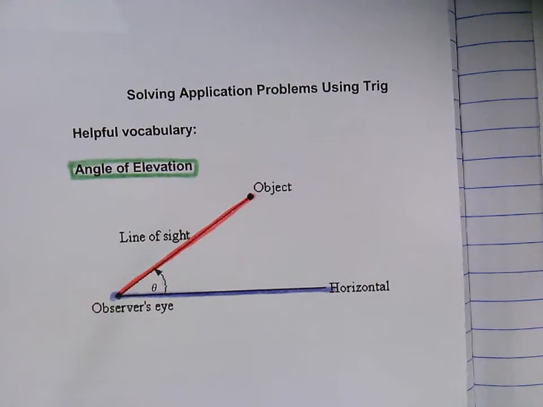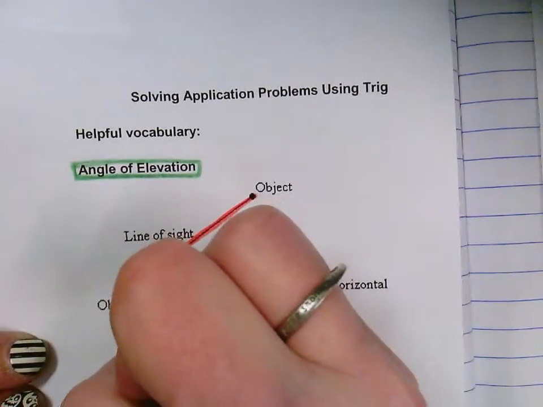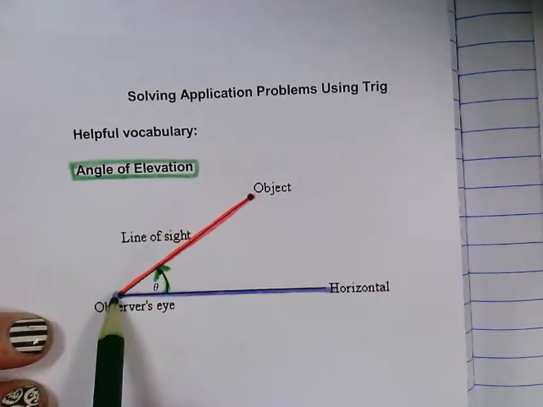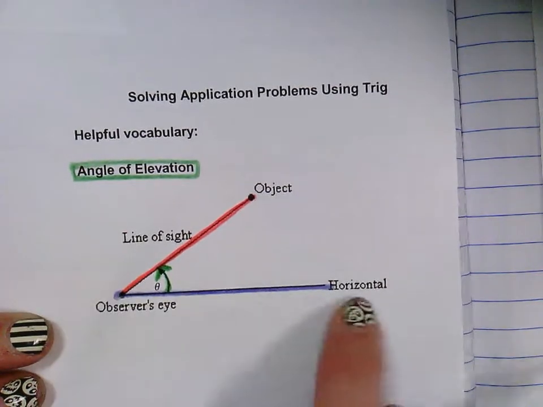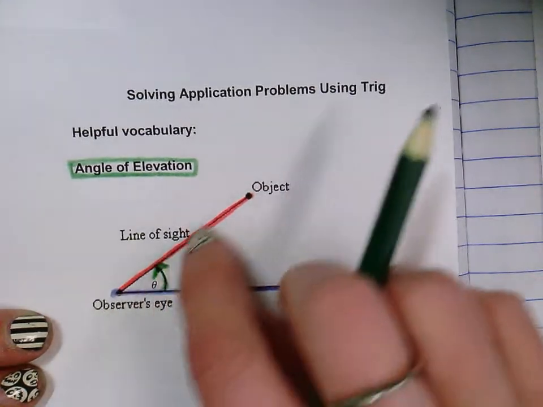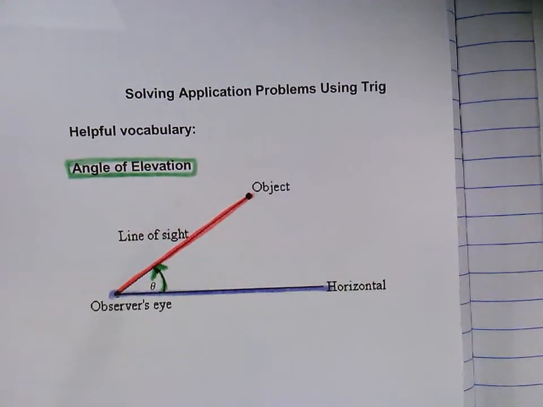And then we have this angle here that goes from their original horizontal line of sight, if they were to just look straight across, up to their new line of sight where they're looking.